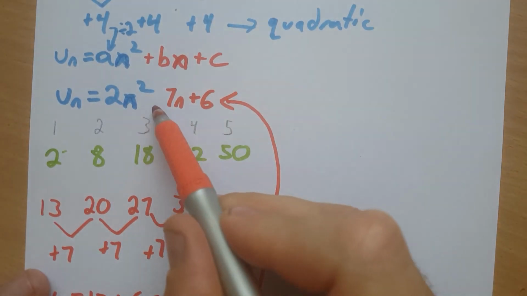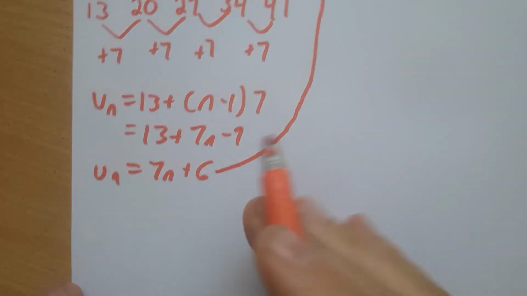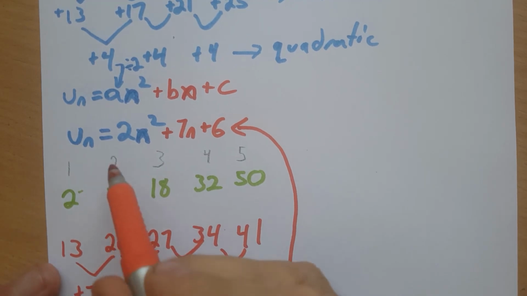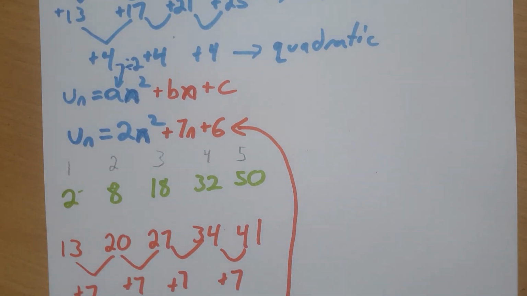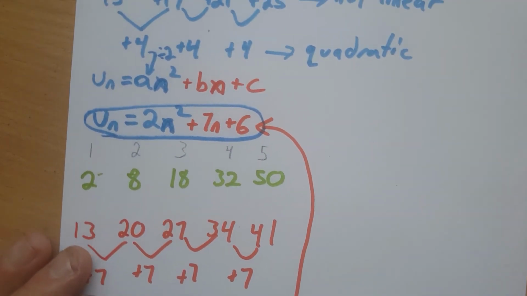And then what sign do I put there? Well, that 7's a positive 7. If I had a negative here, then I'd put a negative, but it's a positive 7. Okay, and so this right here represents my quadratic equation. It's the formula for the nth term of this quadratic sequence. That's the best way to describe it.